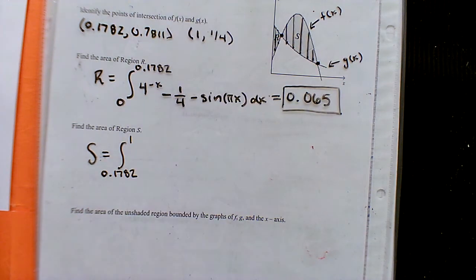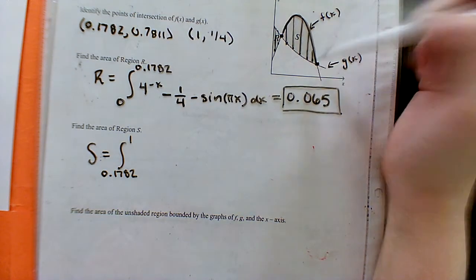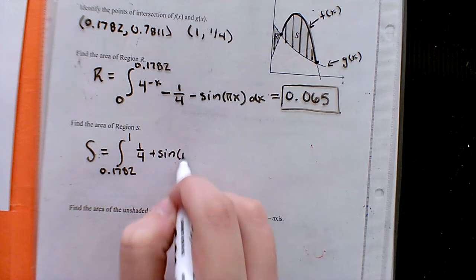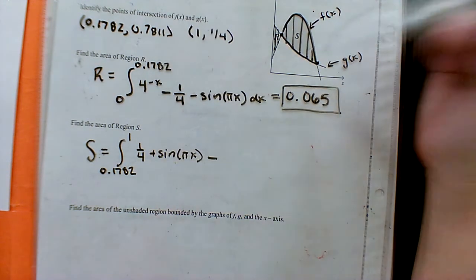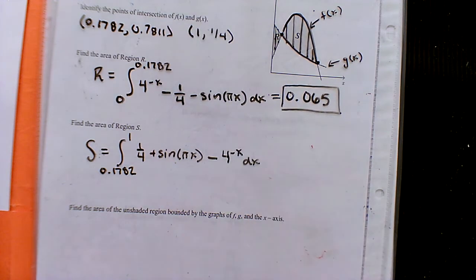Perfect. All right. And then when we look at those rectangles again, what function does the top of the rectangle touch? What function does the bottom touch? So for region S, the top function is that trig function, and the bottom function is always the exponential. Notice how it did a switcheroo from region R. All right, calculator work from there.